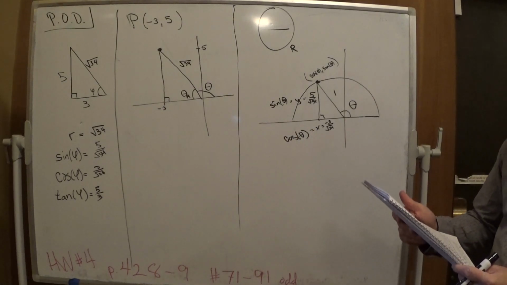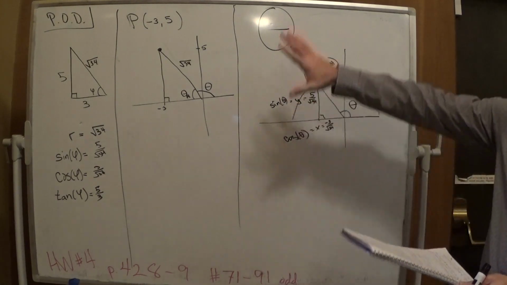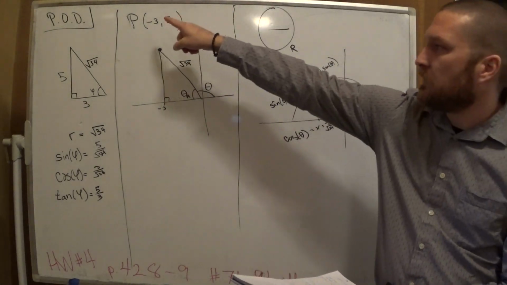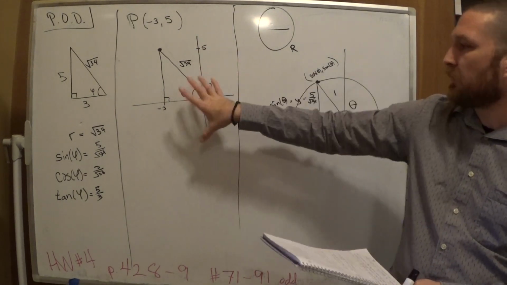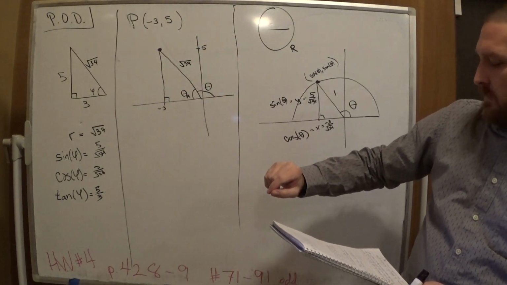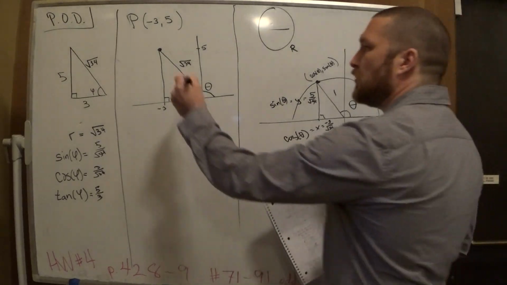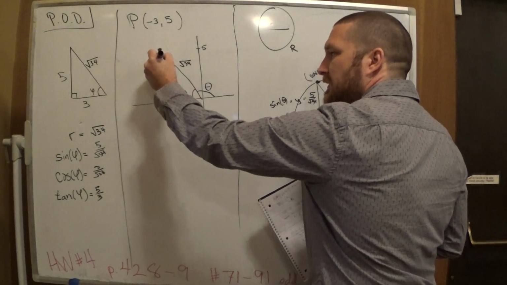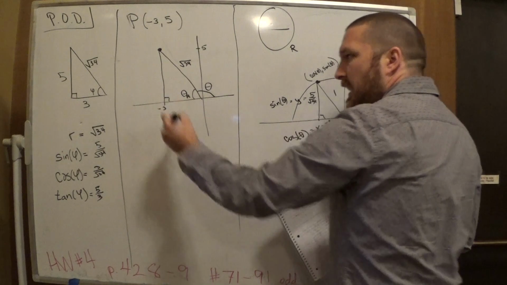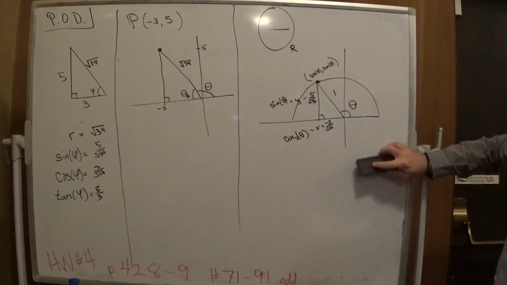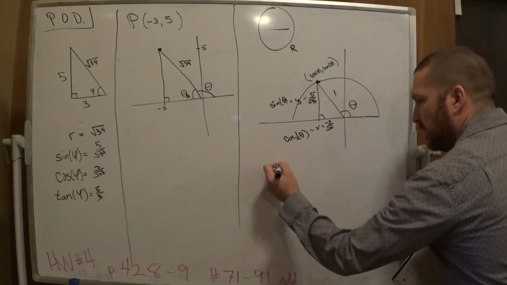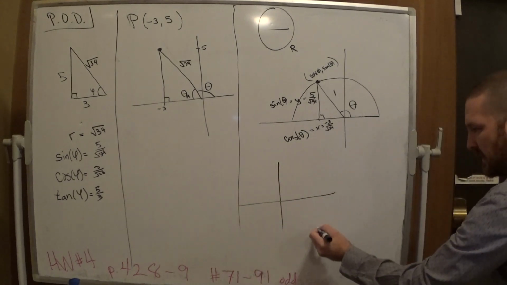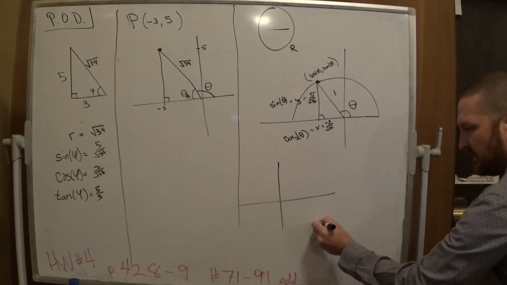So, given any point on the plane, in this case, minus 3, 5, you can construct a right triangle by drawing a line directly from that point down to the x-axis. And since that's the case, it doesn't matter where it is. I do want to leave that up. If you had another one somewhere, let's say it's down here, that's your point that I gave you.